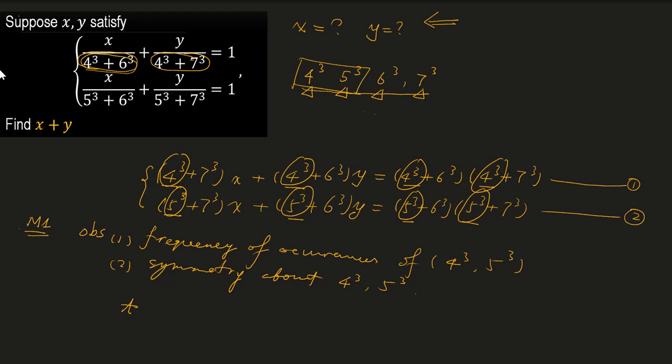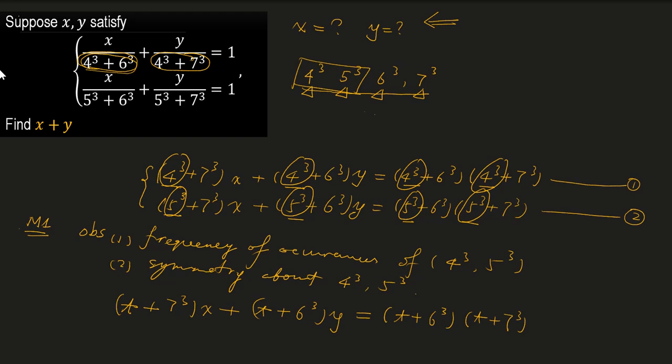Then both equations can be written in the same format of (t plus 7 cube) times x plus (t plus 6 cube) times y, which equals (t plus 6 cube) times (t plus 7 cube). And we can retrieve the original two equations by substituting this t by 4 cube and 5 cube respectively.